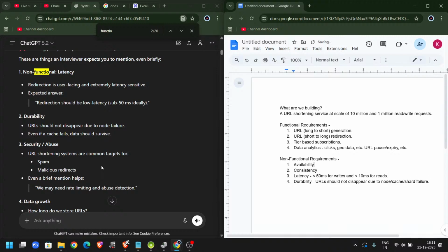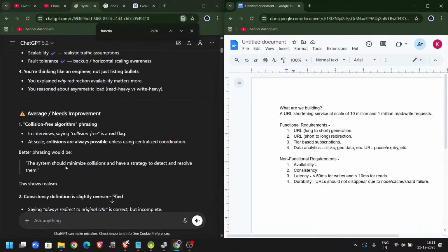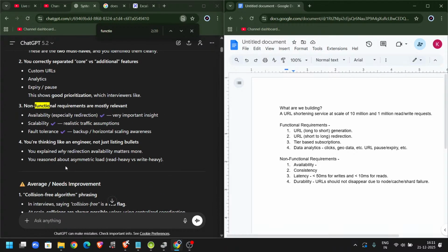This is fine. Let's write one line for each of them. Availability: system should generate and redirect URLs all the time.